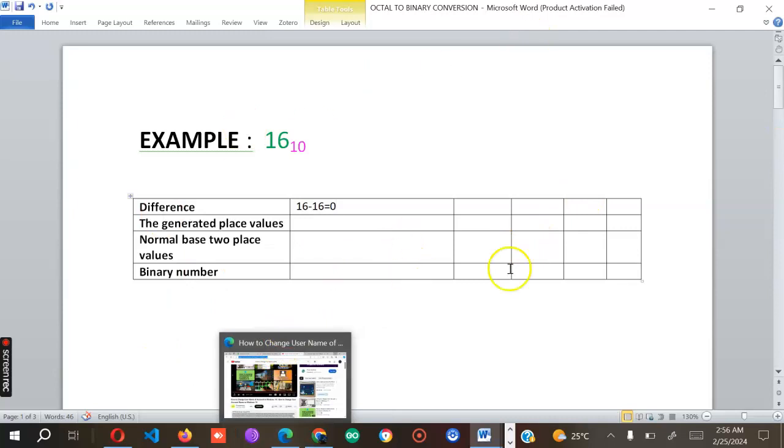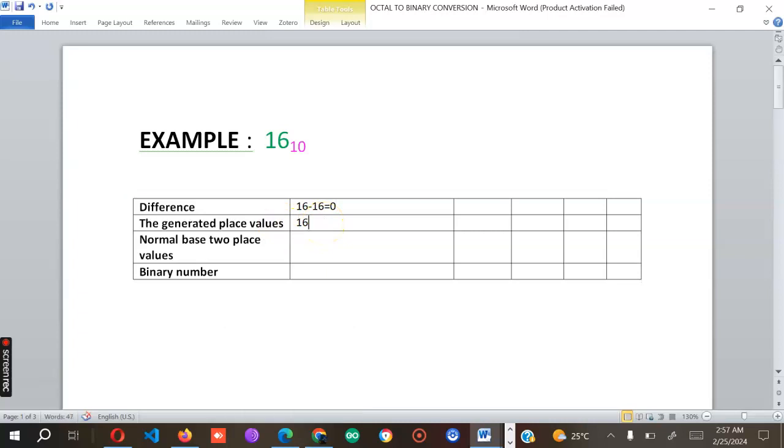Okay, I'll show you how to go about the whole thing. So the generated place value is 16, and the normal base is 16. Then we have 8, then we have 4, we have 2, and lastly we have 1. Remember the rules?